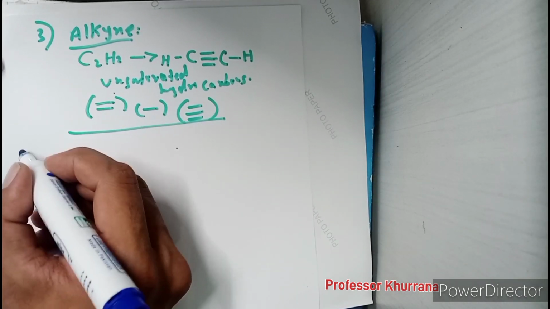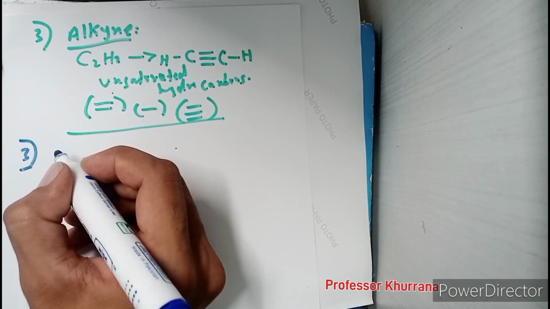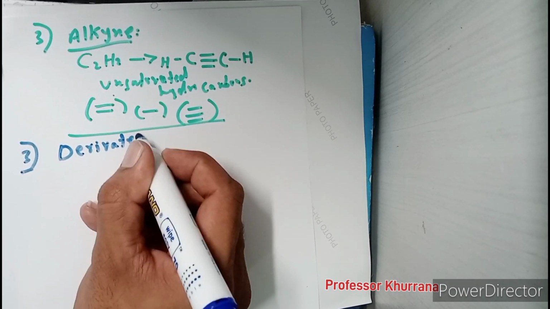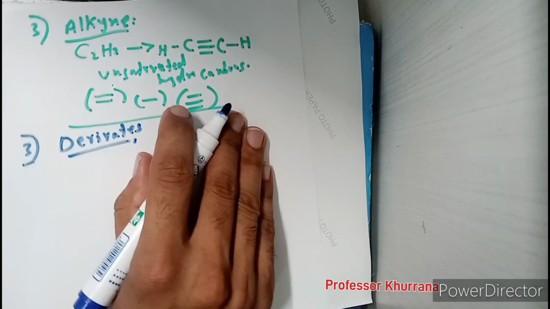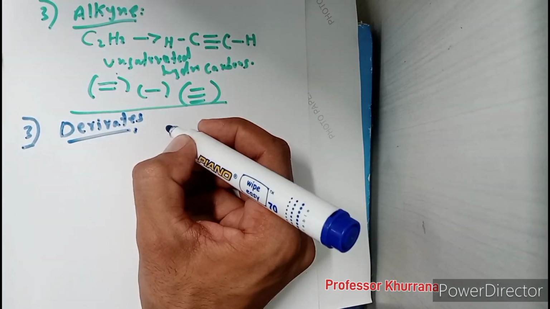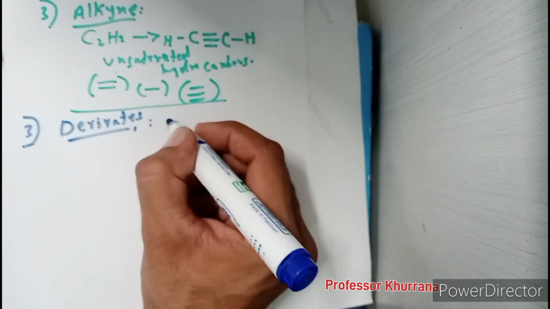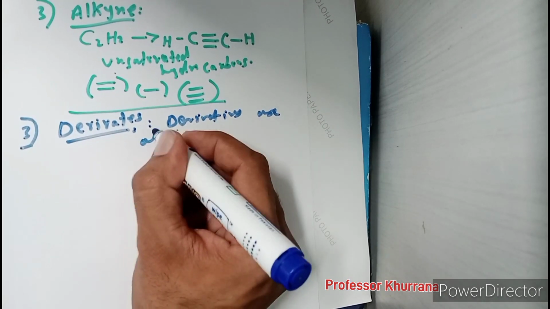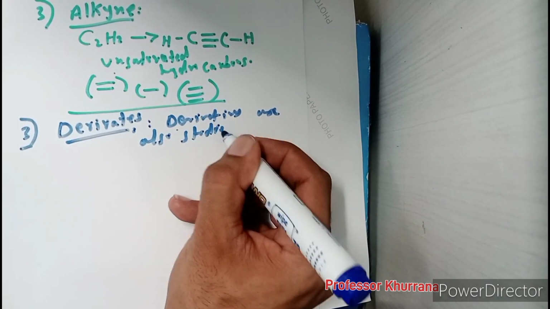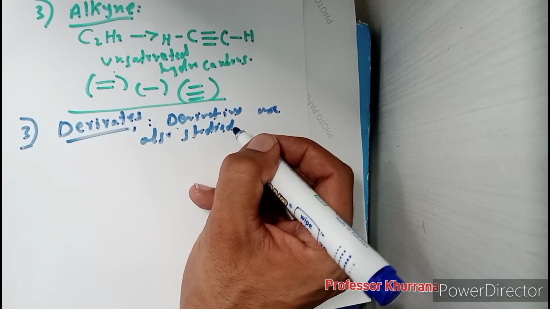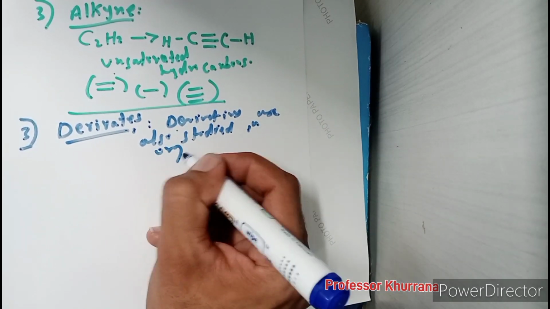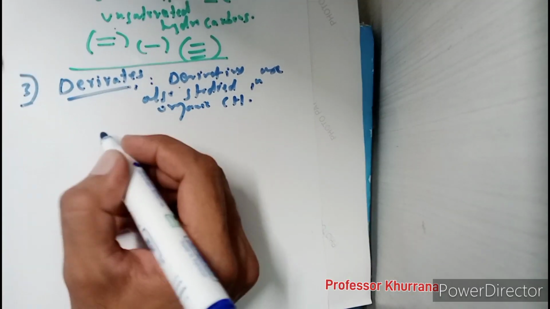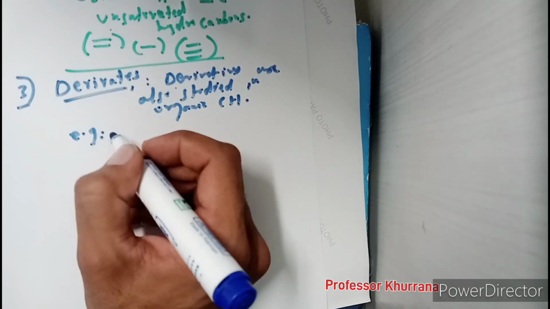Now let's come to the third part of organic chemistry, that is derivatives. What are derivatives? It means that derivatives are also studied in organic chemistry. Let's explain it with examples.